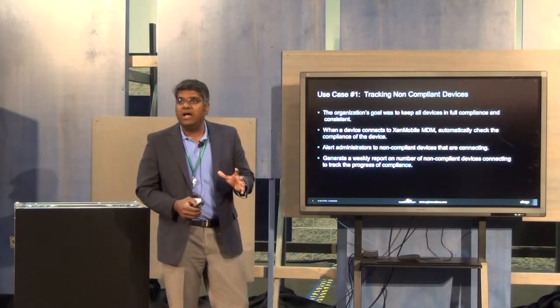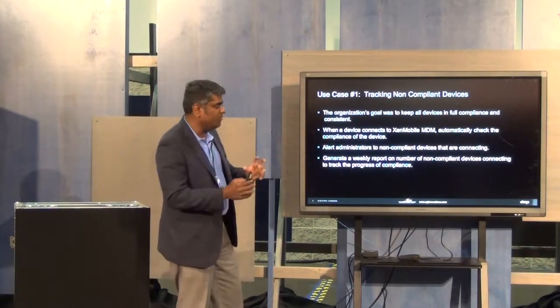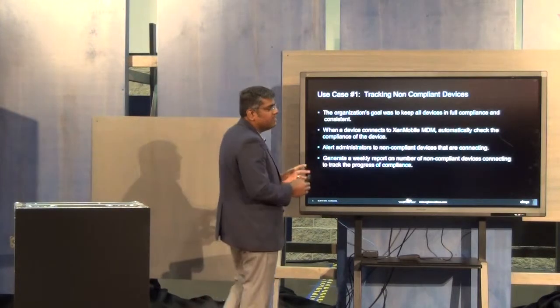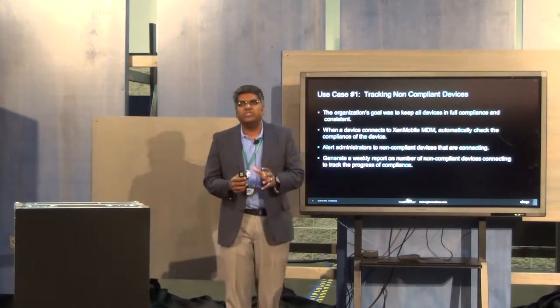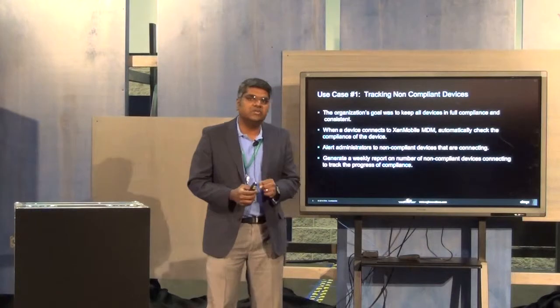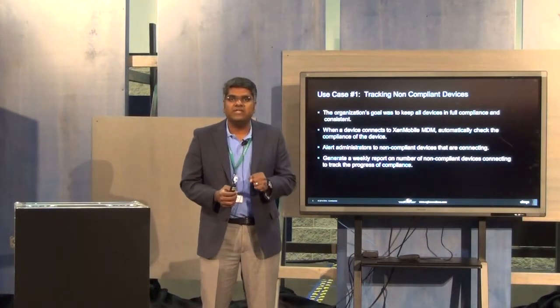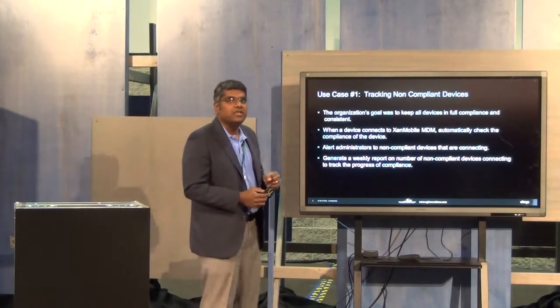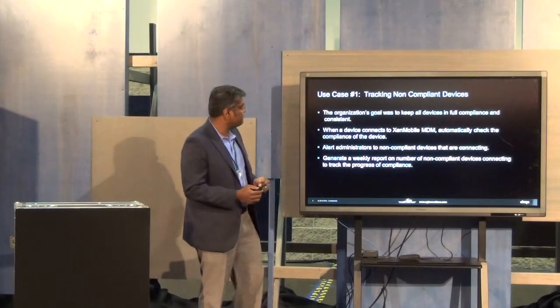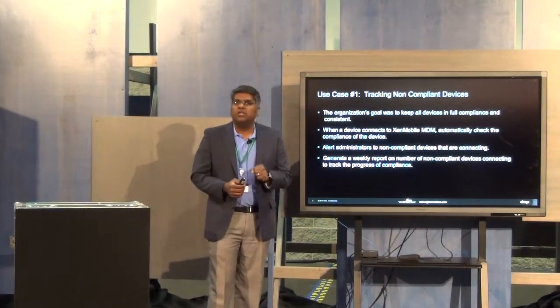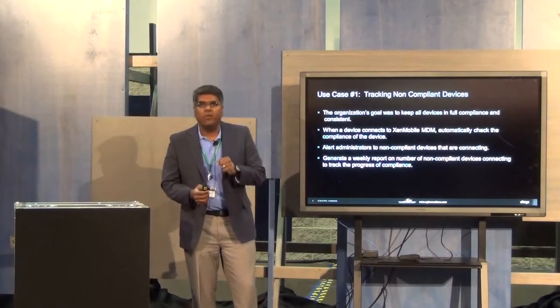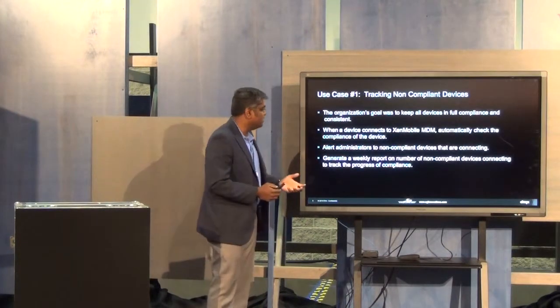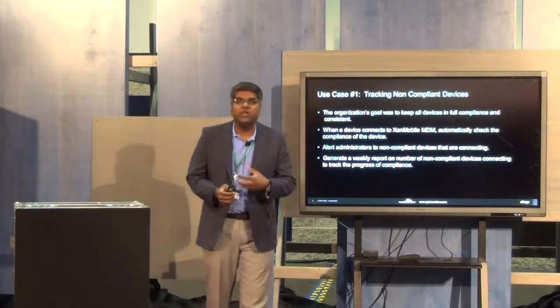This is a Zen Mobile environment. It's a BYOD situation, and in this situation our customers wanted to track compliance of their endpoint devices that were connecting into their environment. Every time there was a non-compliant device connecting, they wanted to automatically send an alert so they know what is going on.